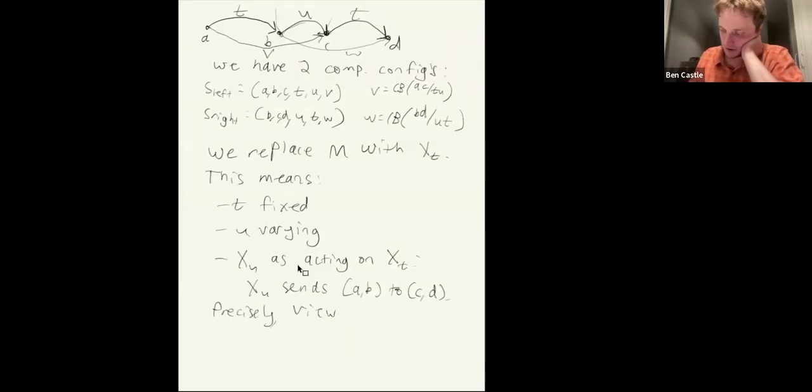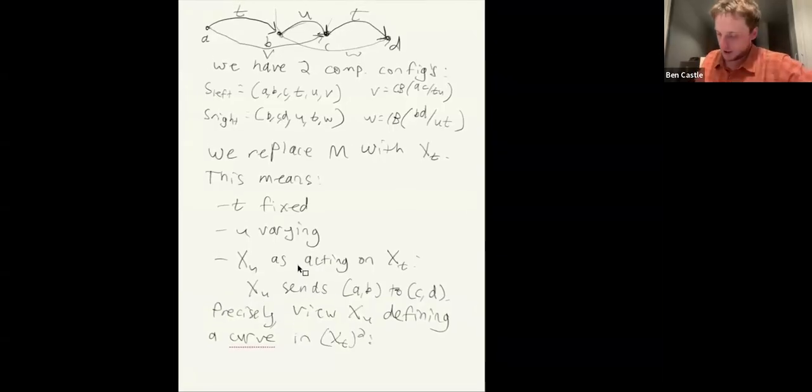More precisely, view XU as defining a plane curve, but now in XT squared, not in M squared. And the definition is, and I gave it a name, the name was WU. So XU is defining a curve, which I'm going to call WU, in XT squared.